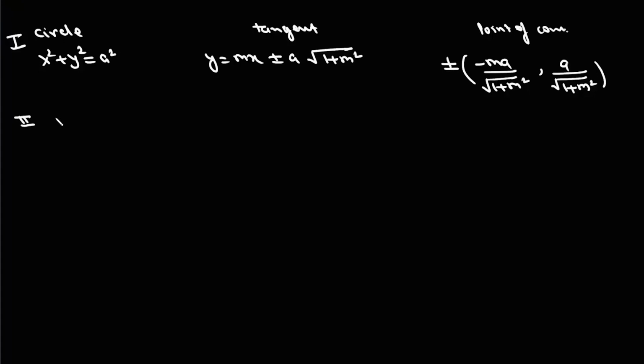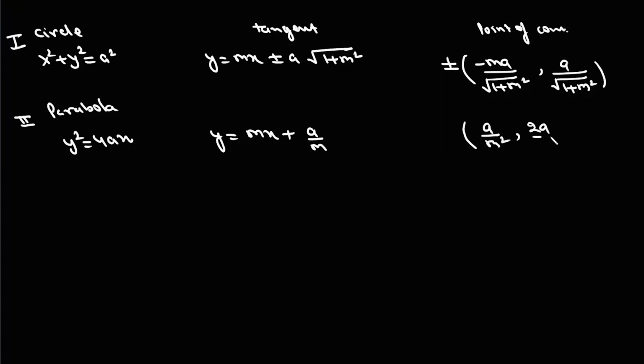Now for this parabola, y square equals 4ax, equation of tangent is y equals mx plus a by m, and point of contact is a by m square and 2a by m.